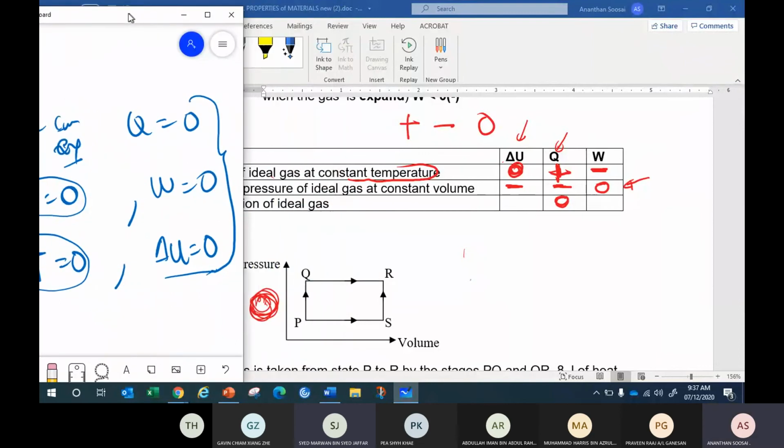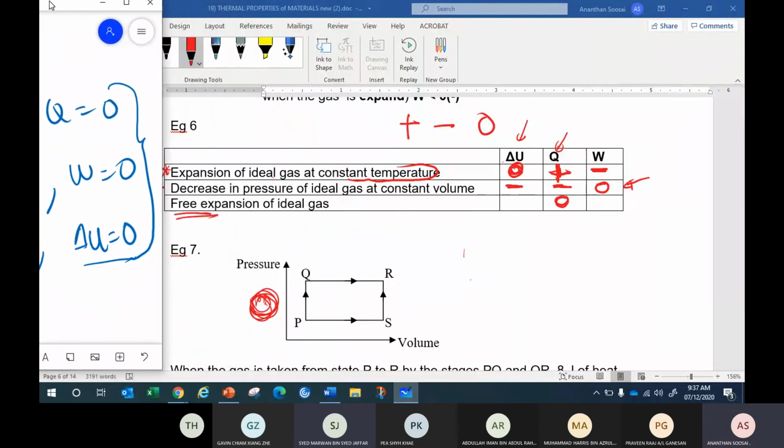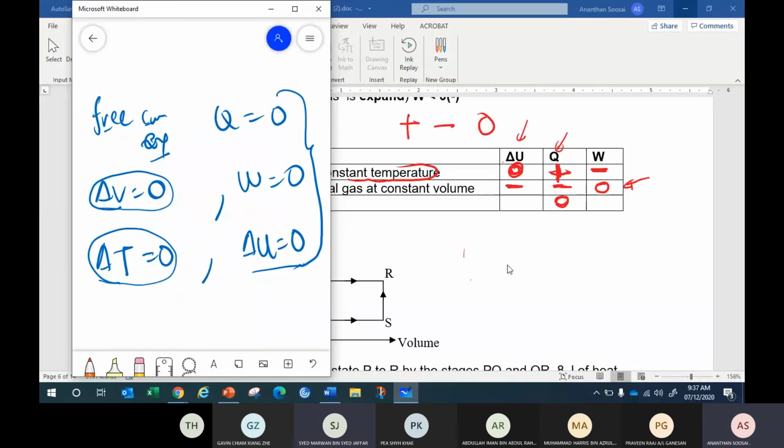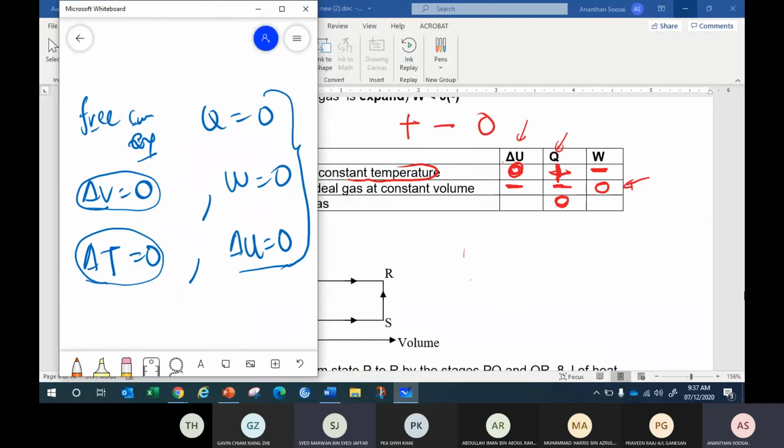Okay, now please fill up the free expansion of ideal gas. Anyone? Next, what can you fill? Work. Work is going to be what? Negative or positive? Negative. Why?